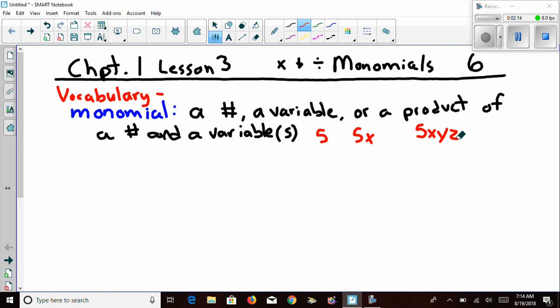Those are examples of monomials. You've seen this before when solving equations, when you're asked to maybe find or identify terms in an equation or expression. Those are made up of monomials.